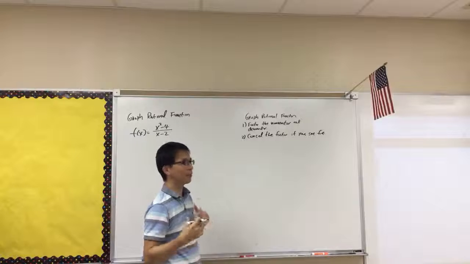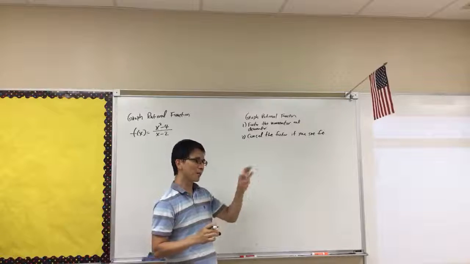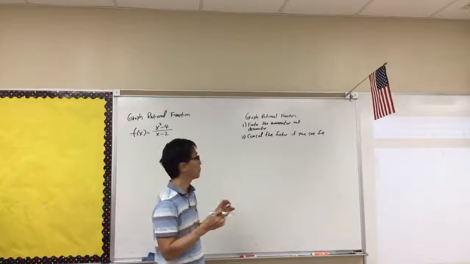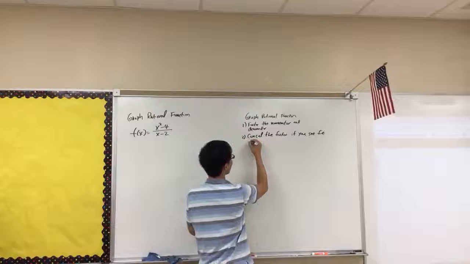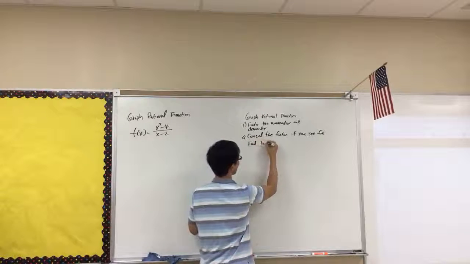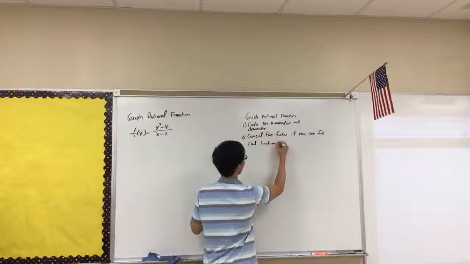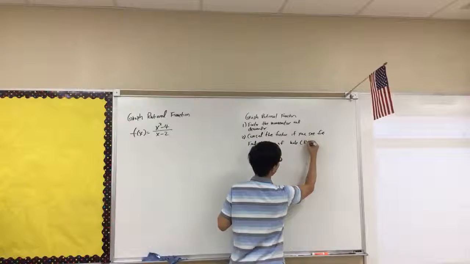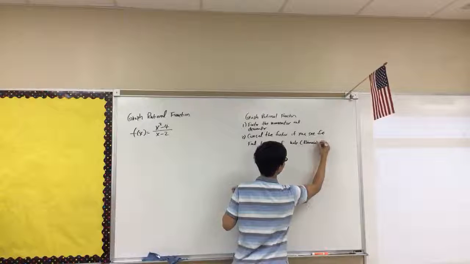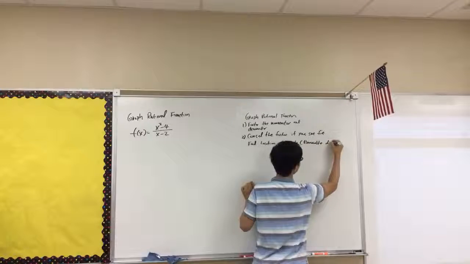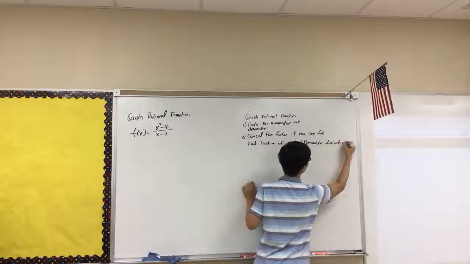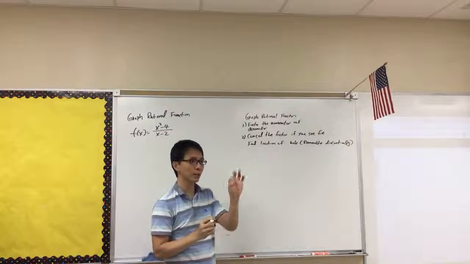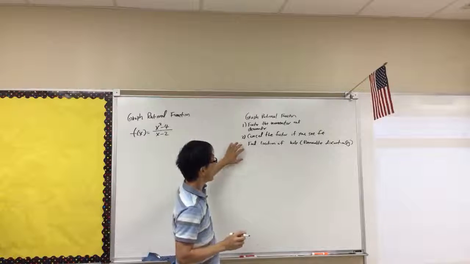But the second step goes a little bit further, because you can actually find the location of that hole. You can find the location of the removable discontinuity. So how do I find the location of the hole? We don't call it a hole, we call it a removable discontinuity.